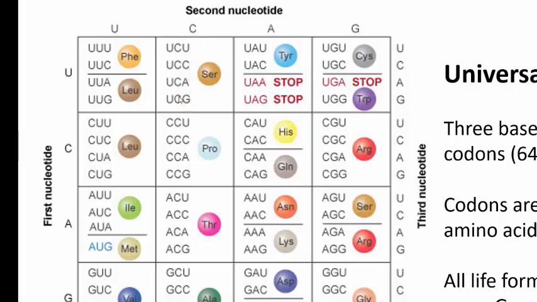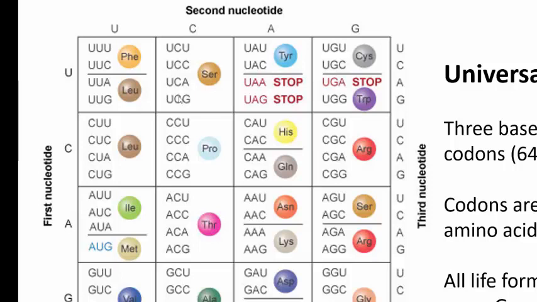So there's a lot of play in the third position, and that has led some people to think that maybe originally this genetic code involved only two nucleotides together, and maybe there was a spacer, a comma, for the third position. But over time, that third position became important to specify the growing number of amino acids used in making proteins.